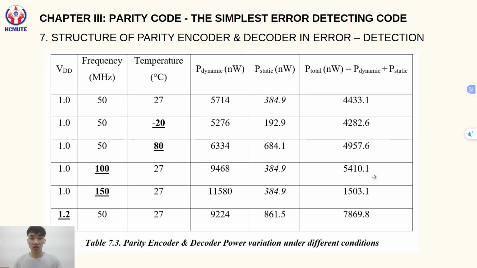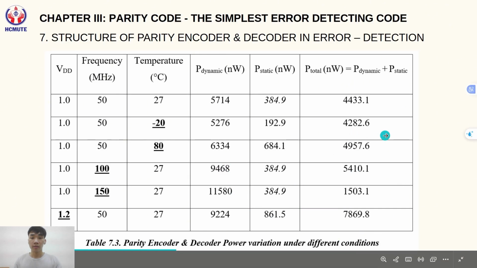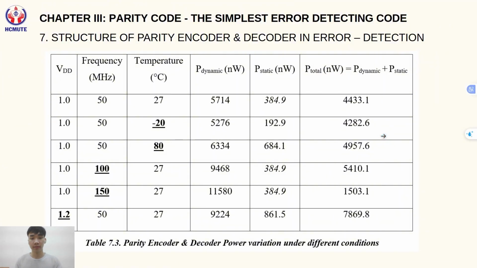And here is the power consumption of the parity encoder and decoder. Overall, the delay and power are within acceptable limits, making this design suitable for error checking in VLSI circuits.